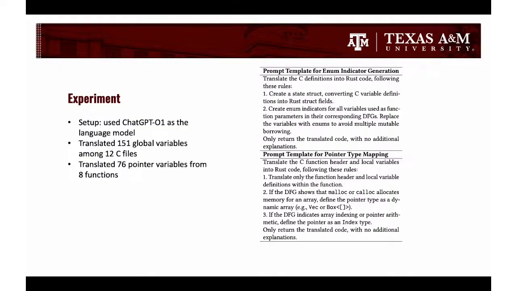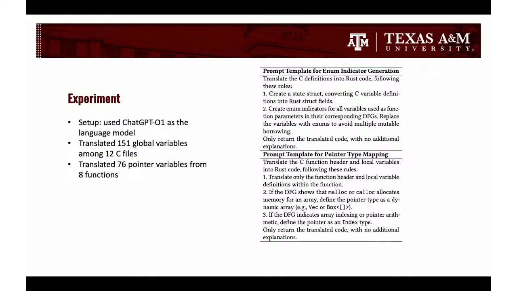We translated 151 global variables from 12 C files in the gzip C package, as well as 76 local variables from 8 functions in a flat C file. For our experiment, we used ChatGPT-o1 as the language model. The prompt template is in the right diagram.